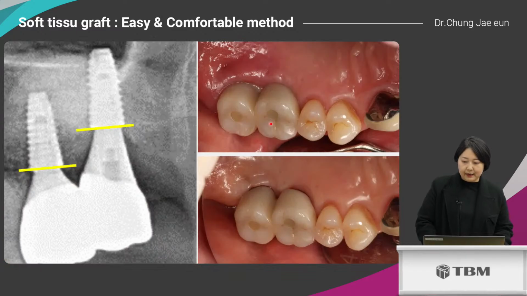This is the opposite case. The gingiva is too thick. The number 27 implant here had severe vertical bone loss before extraction, and implants were placed with only sinus elevation without vertical GBR. In this case, the thickness of the gingiva becomes very thick, about 6 or 7 millimeters.